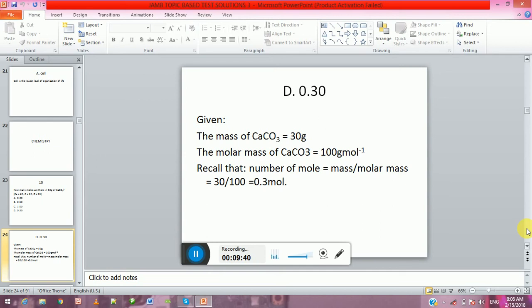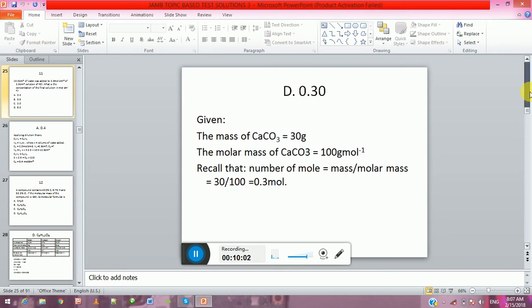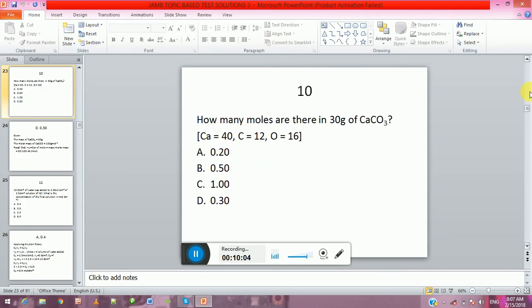How did that come about? Given the mass of calcium carbonate to be 30 grams, that is given in the question, the molar mass of calcium carbonate is 100. How did we come about 100? As it is given here, calcium is 40.